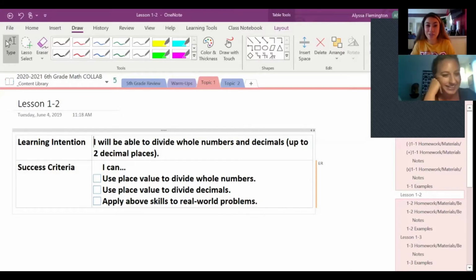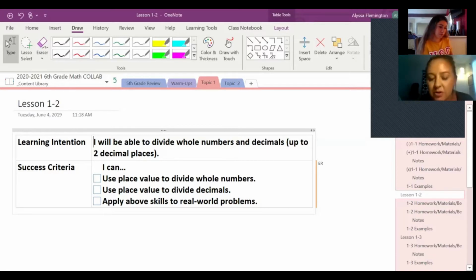Our learning intention for today: we're going to become fluent by being able to divide whole numbers and decimals up to 2 decimal places. At the end of this lesson, how will you know you're successful? You can do one of 3 things, or all 3: use place value to divide whole numbers, use place value to divide decimals, and apply the above skills to real world problems.